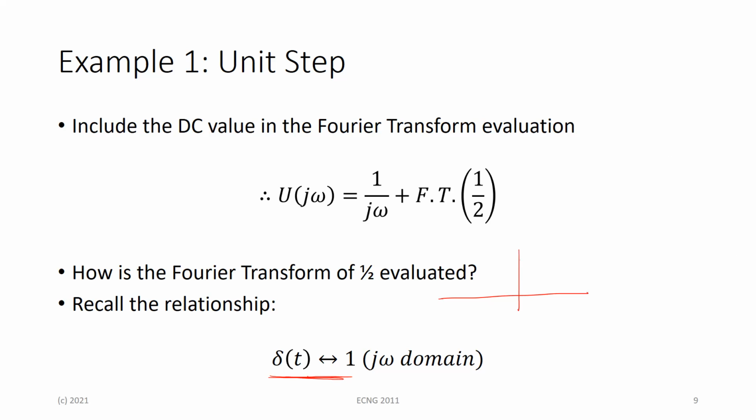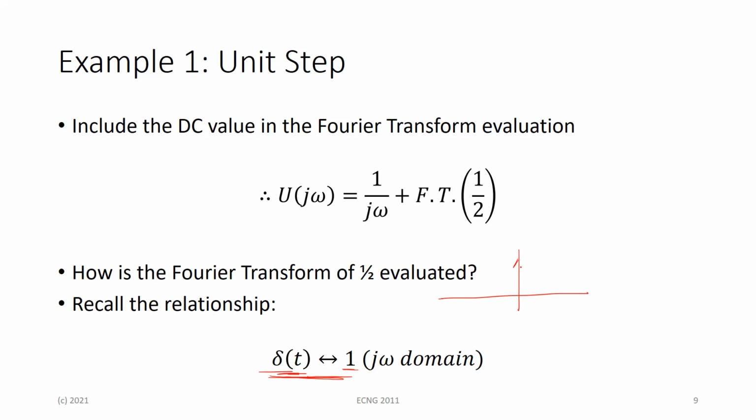Okay, right. So what we were doing was trying to figure out what the Fourier transform of a half is. And we remembered what we do again: we try to reason it out based on what we know. We know that an impulse in time gives us this constant value of 1 in frequency.